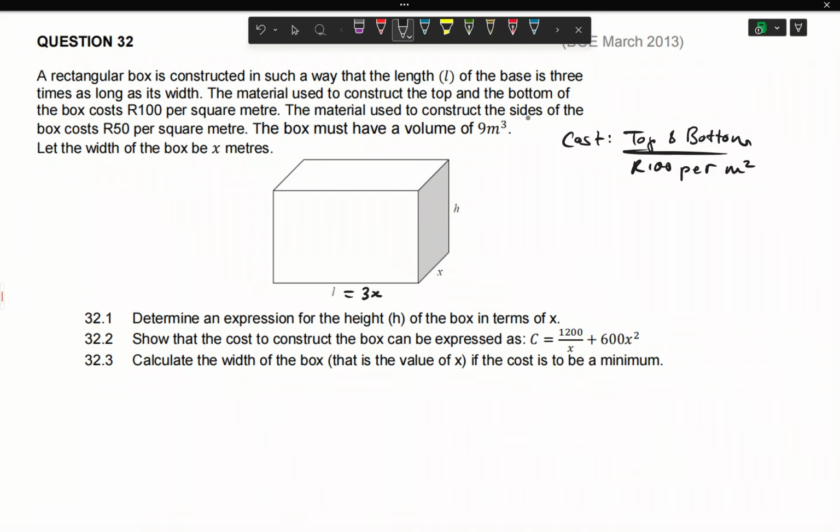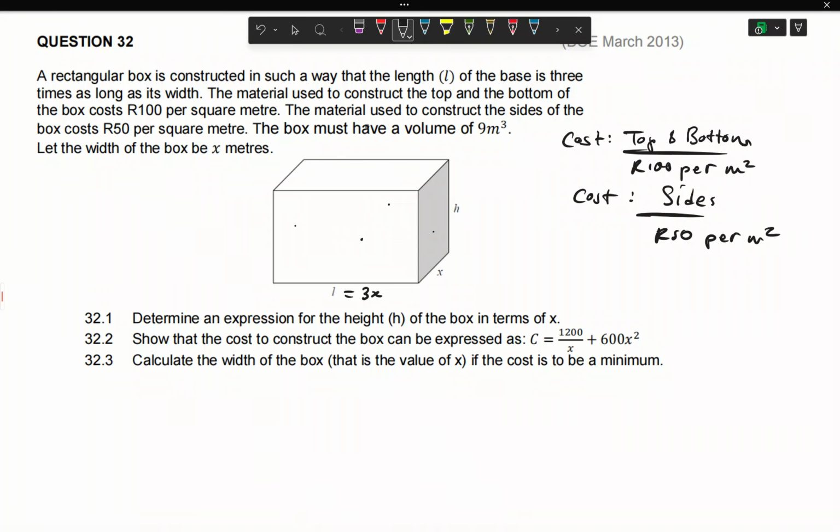And then the material used to construct the sides. You have how many sides? 1, 2, 3, 4. Remember, the front, the back, the sides like that. So the cost for the sides is 50 rand per square meter.